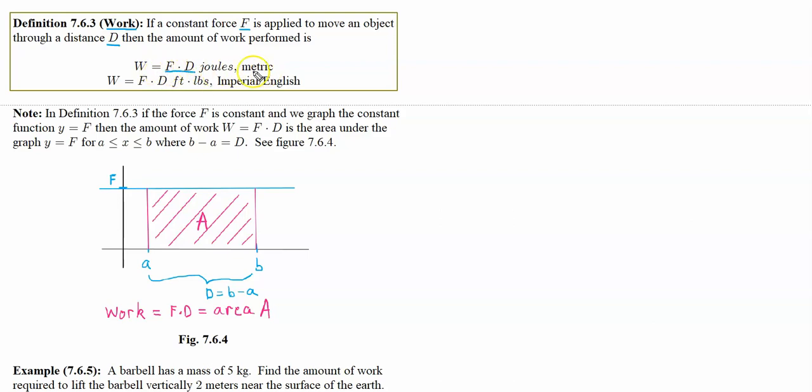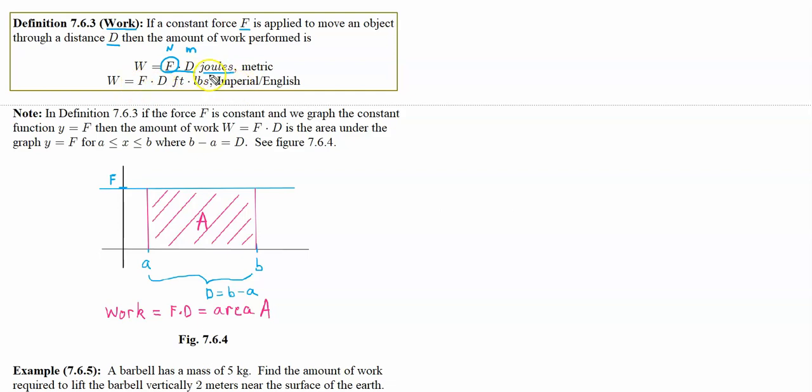Now the units in the metric system associated with that is normally joules. Now what that's going to be is Newton meters, remember, because force in the metric system is going to have units of newtons, and distance is often going to be measured in meters, and so the units of work are going to be Newton times meters, and that's also called a joule in the metric system.